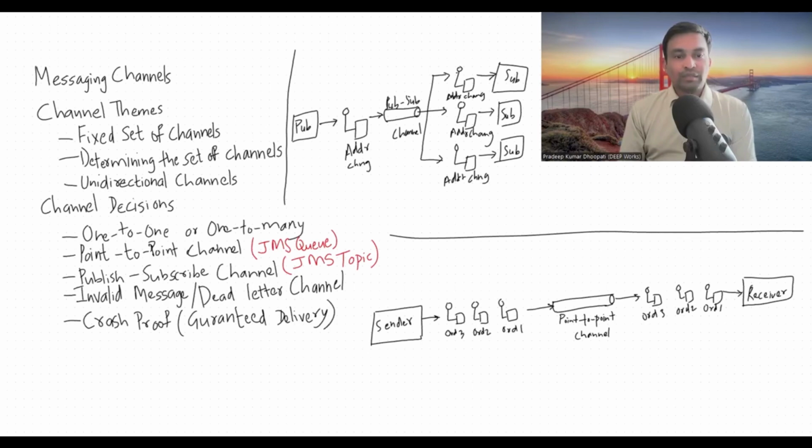So there will be a fixed set of channels which should be created at the design time, and the application teams have to make use of those channels when developing these integrations in an enterprise.